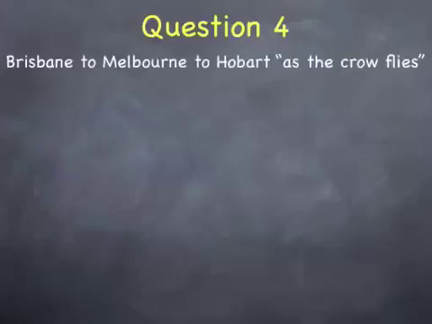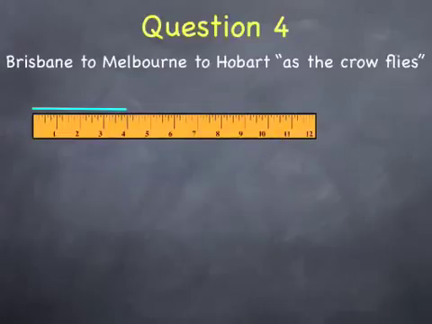Question 4, final question. Brisbane to Melbourne, then to Hobart. Okay, so you're going to need to draw 2 lines and measure both of them and then add them together. Press pause to do that and press play when you're ready. Okay, here's the line. And when we measure it, I got 4 centimetres when you put them together. All right, Brisbane to Melbourne was 2.7 and Hobart was 1.3 centimetres.